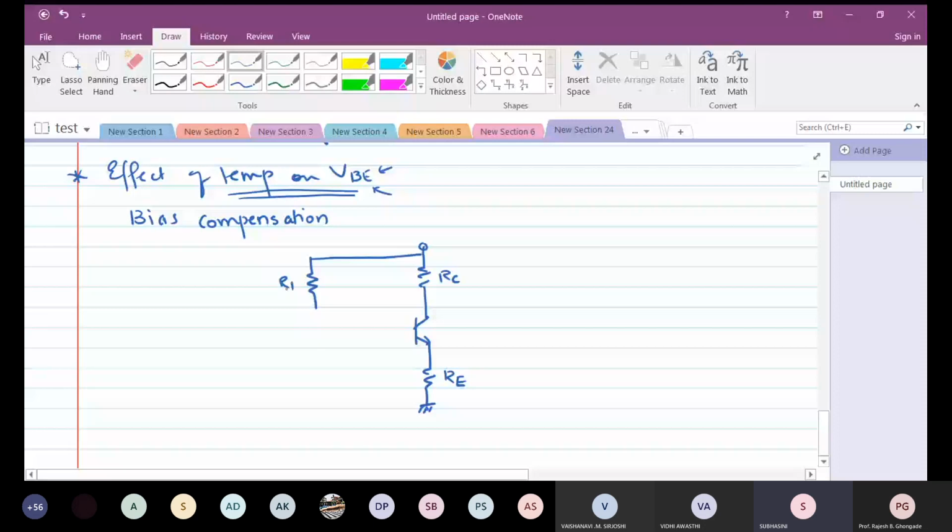Interestingly, in this part, we have a diode followed by, of course, the resistor. So this is your RE, this is RC, this is R1, this is R2. I can write the voltage across this diode as VD1, and this voltage is VR2.